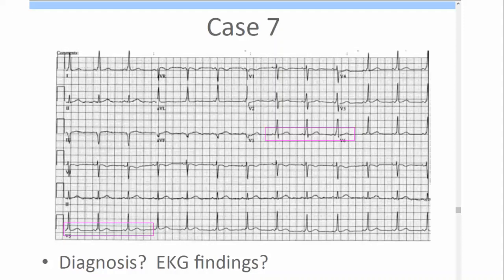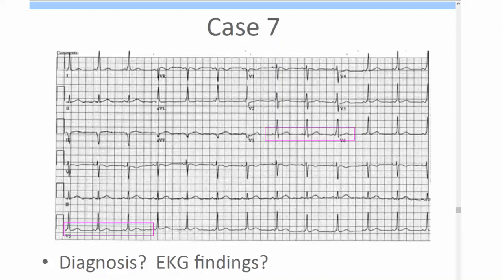So it should be at least 3 little boxes long, but no bigger than 1 big box, okay? Now, anything bigger than 1 big box, we said, was first degree AV block. Anything shorter than 0.12, and we might have that P wave, we could call that a non-conducted P wave. In other words, that P wave was depolarized by the atria, but it wasn't connected, the PR to the QRS.